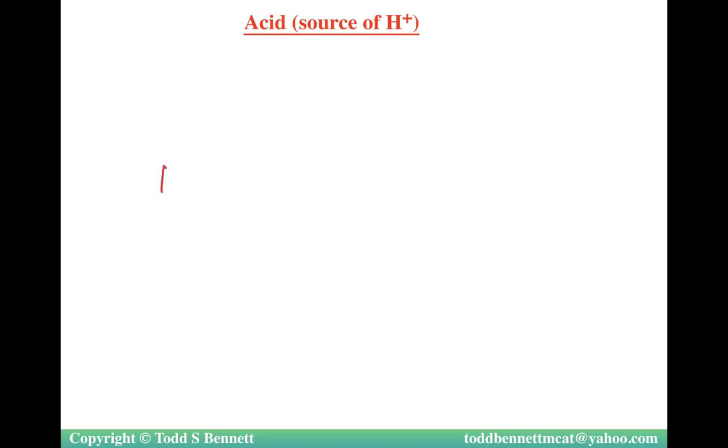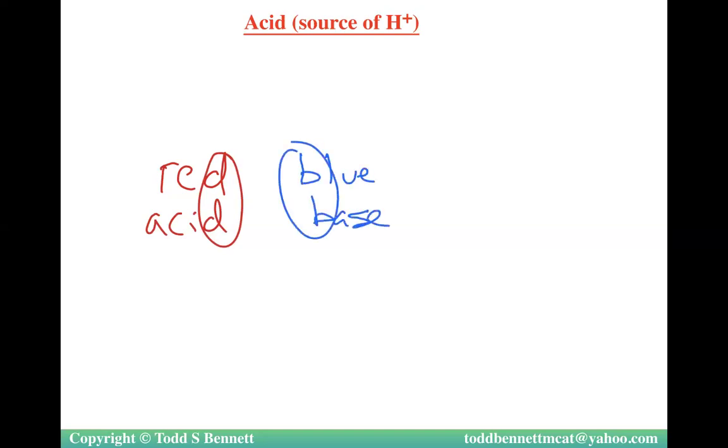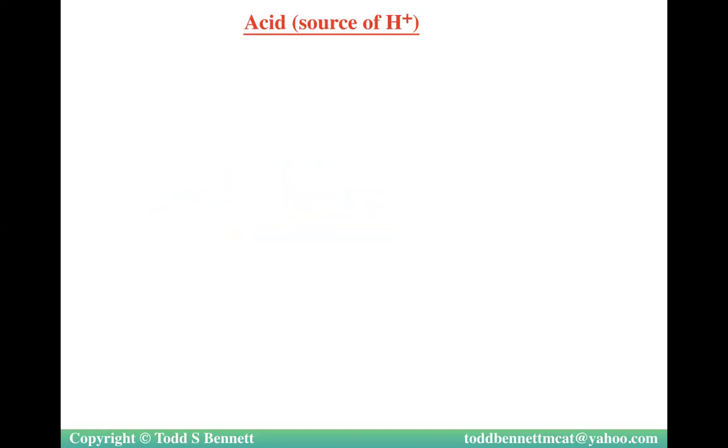A good way to remember that is the word acid in red ends in D, and the words blue and base begin with B. So knowing the way litmus works helps a little bit. We definitely use litmus paper in lab to determine the nature of a solution when we do recrystallizations or extractions, different procedures. So acid red, base, source of OH minus, is blue.